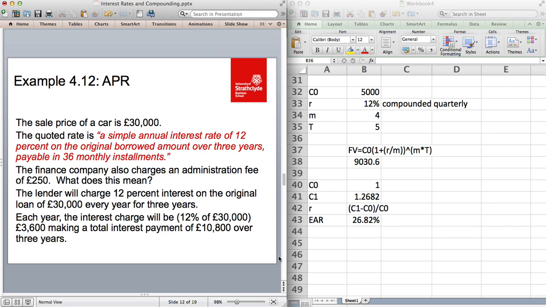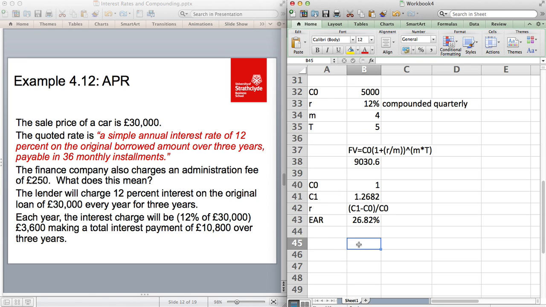So what is the effective annual interest rate that you're being charged? You've got to be careful because the lender has said that they're charging it on the original borrowed amount. You might be paying off this loan over time, but the rate is charged on the original borrowed amount. So you're going to be getting 12% interest on the original 30,000, charged every year.